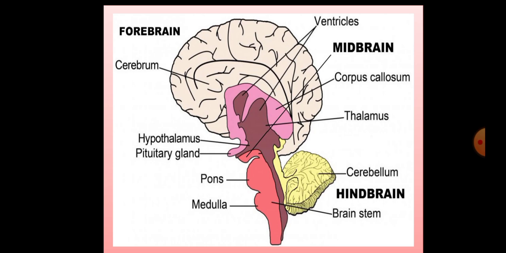The hemispheres are connected by a tract of nerve fibers called corpus callosum. The layer of cells which covers the cerebral hemisphere is called cerebral cortex and is thrown into prominent folds. The cerebral cortex is referred to as the gray matter due to its grayish appearance.